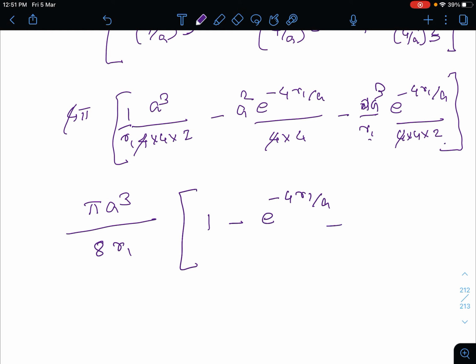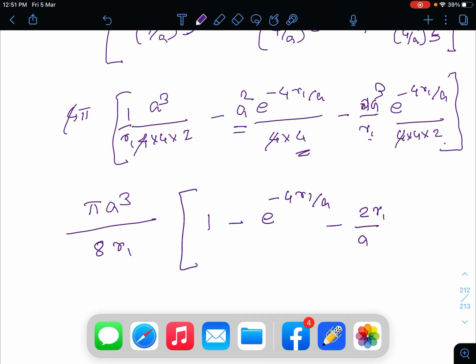Now here we cannot take A cube out, there is only A square. So I have to divide by some A, and already 4 is here, not 8, so I have to multiply by 2. Then there is no R1 in the denominator, so I have to multiply by R1 also.